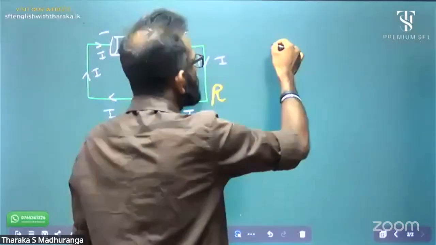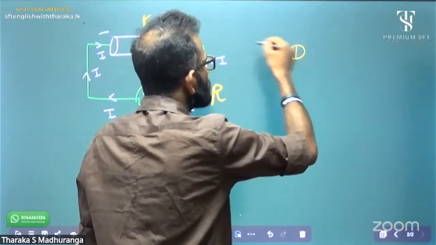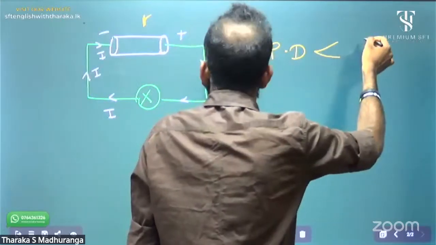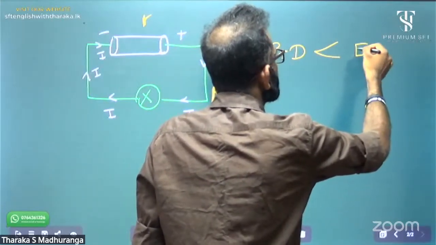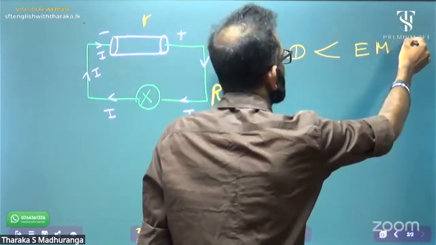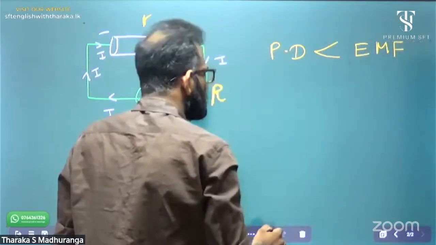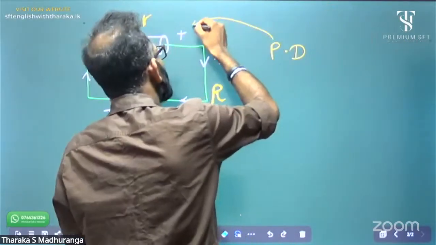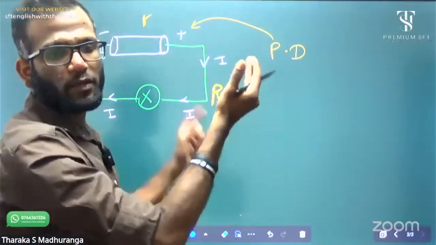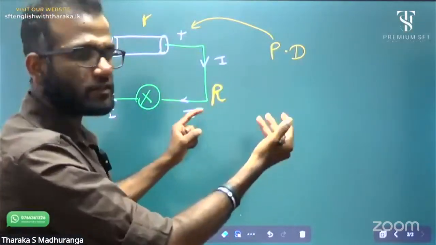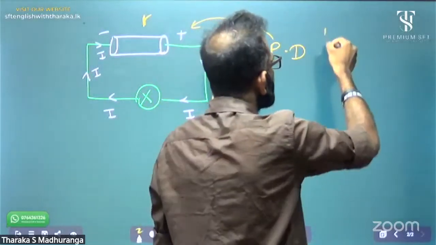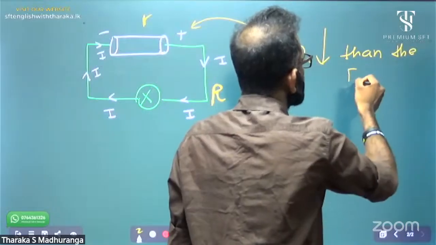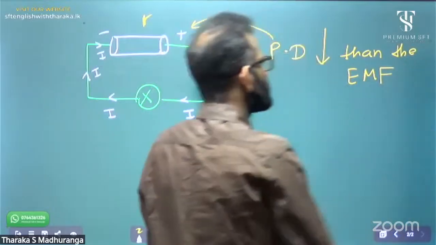The potential difference of this battery is less than the electromotive force. I will write it simply. When I connect it into a circuit, due to internal resistance and external resistance, the potential difference is less than the electromotive force. Okay, this is the story.